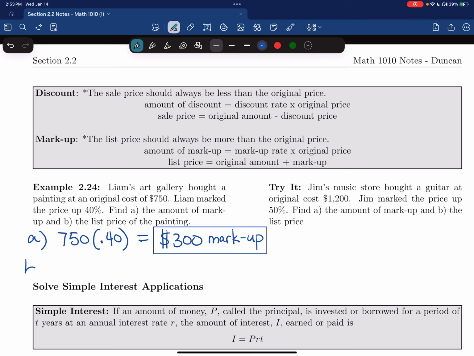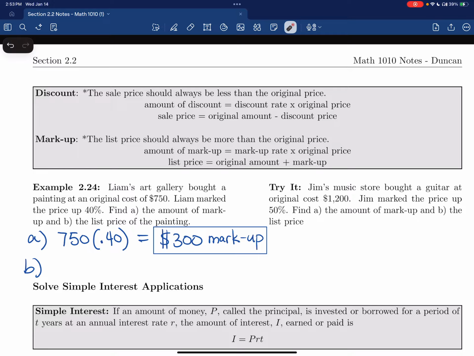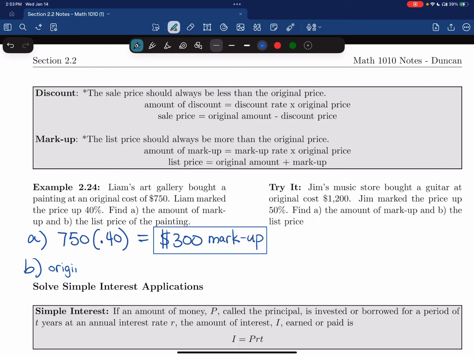Now, what's the new list price of the painting? Well, that would be the original amount plus the markup amount that we just found. So we're just going to take the original price plus the markup price.